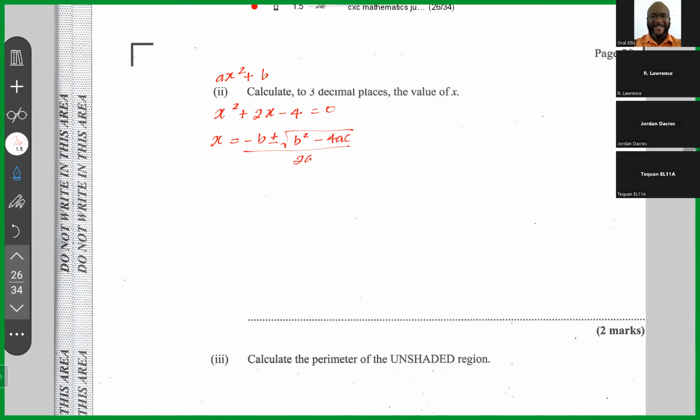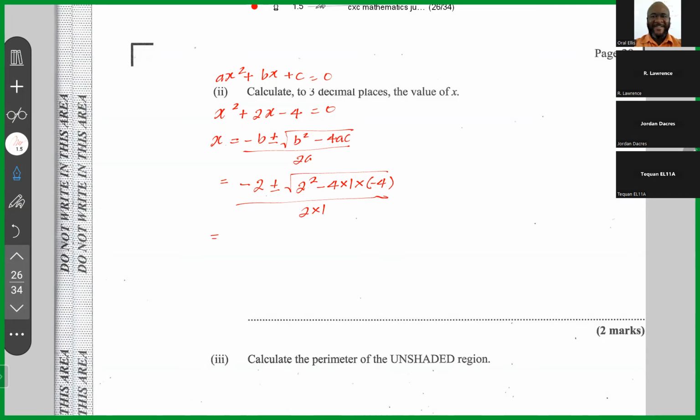So putting in my values, this is minus b, which is 2, plus or minus the square root of b squared, which is 2 squared, minus 4 times a, which is 1, times c, which is minus 4, all over 2a, which is 2 times 1.